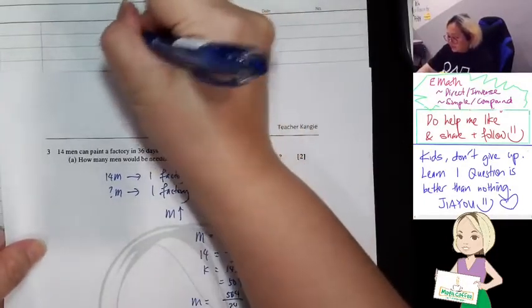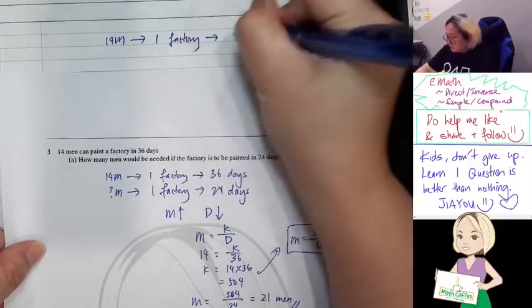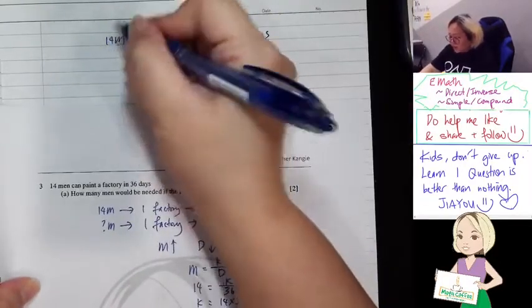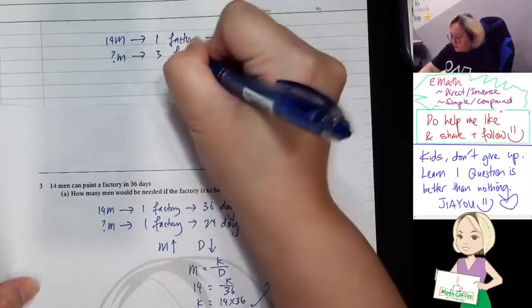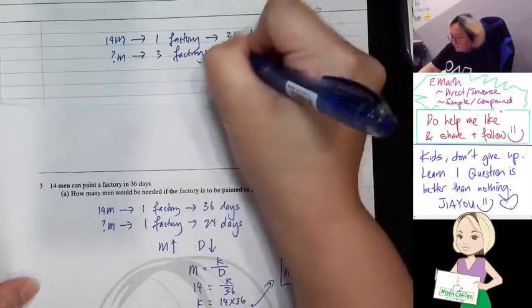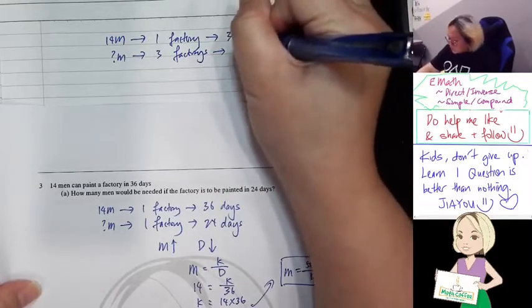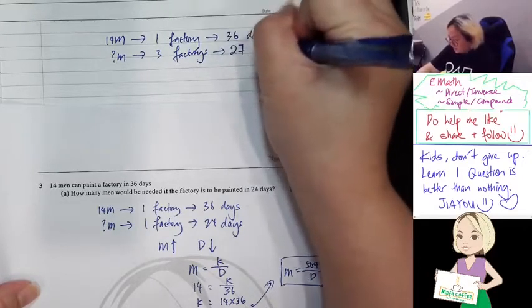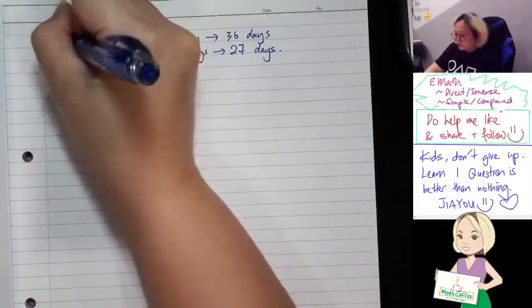If now it is 14 men, 1 factory, same thing, 36 days. And if I ask how many men for 3 factories, let's say 27 days. I shall call this question 3 star.